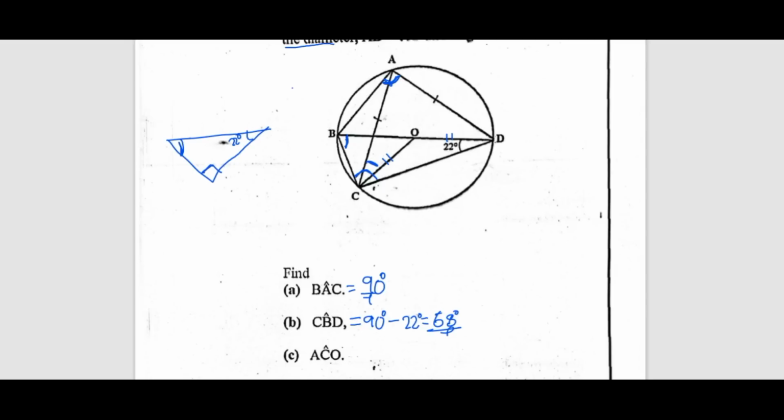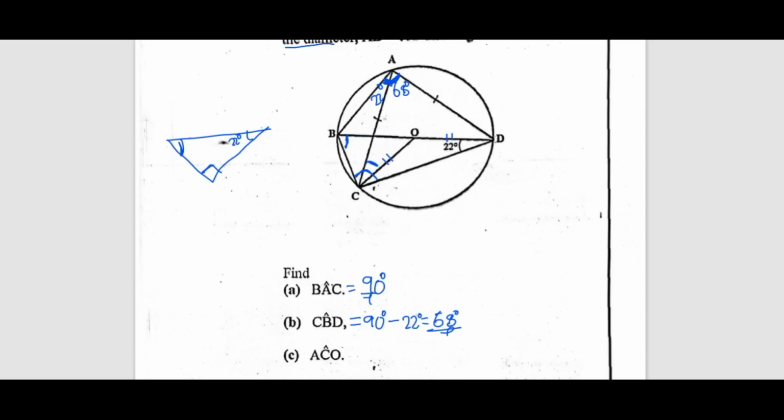How can we find this angle? We know that if this angle BDC is 22, then even here we are going to have 22, since angles in the same segment are equal. So we can see that we have the same angle. Then we know that the total angle here is 90.